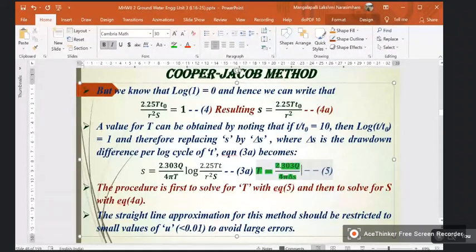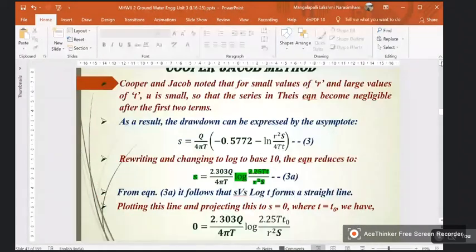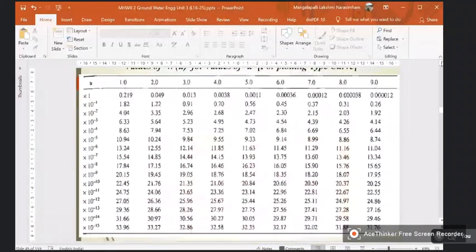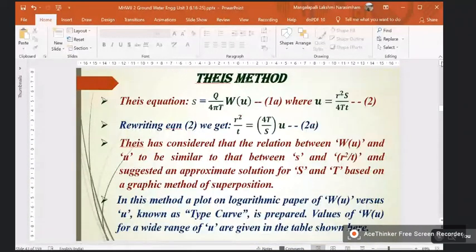Now, the only restriction or limitation for application of the Cooper and Jacob method is that the straight line approximation should be restricted to small values of u which are less than 0.01 to avoid large errors. So go back to the original expression for u. Your value of u must be less than 0.01.